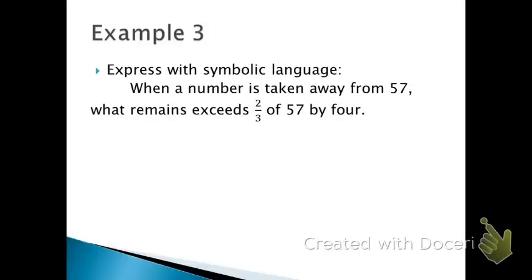The thing that we don't know, it's not a variable, it's an unknown. When a number is taken away from 57, what remains exceeds 2/3 of 57 by 4. So we have this number that's taken away from 57. So it's going to be our variable.